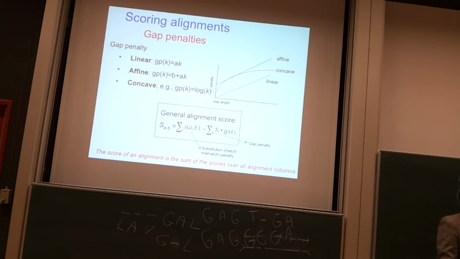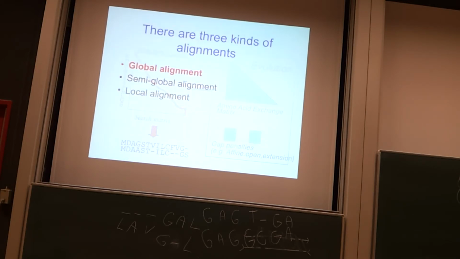This has cost. This is changing. Changing is expensive. A match gives you points, and a mismatch is points off, because that is evolutionary theory. The same happens for gaps. And that is why mismatches normally you give negative values, and for gaps you typically do the same. Yeah? Okay, then we can go on.